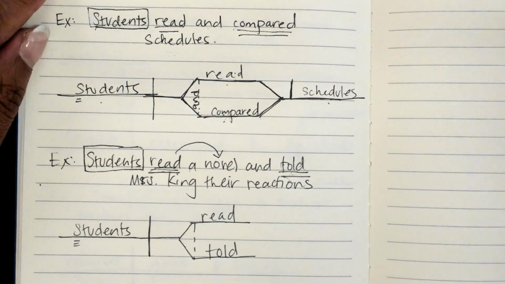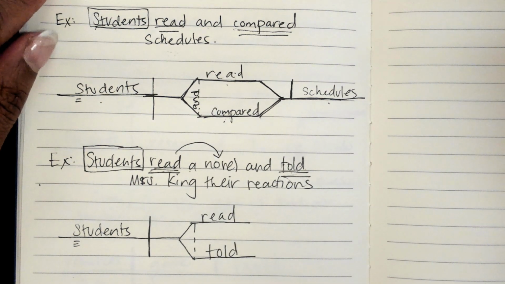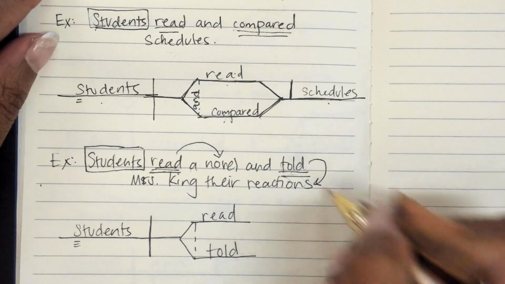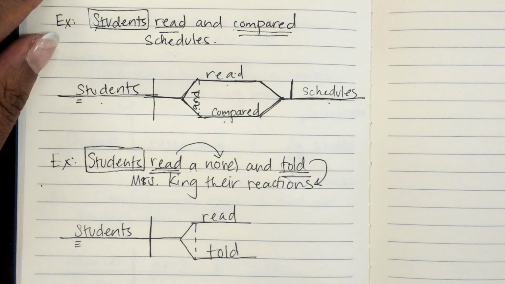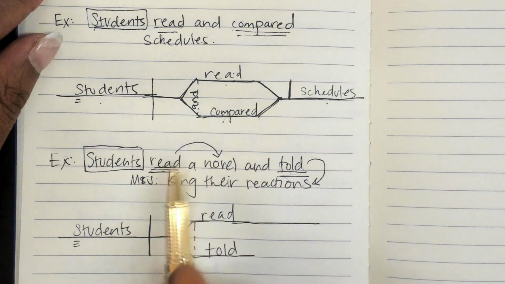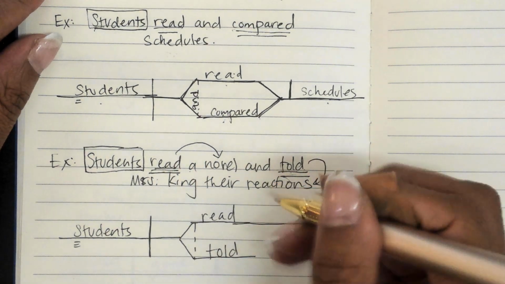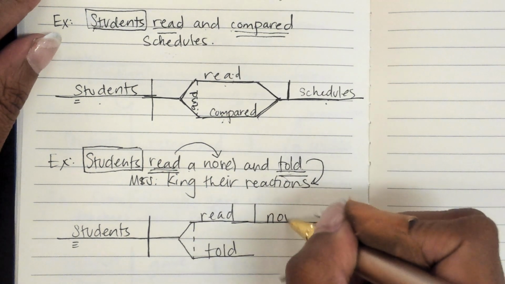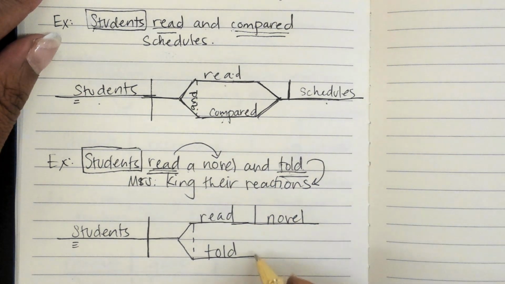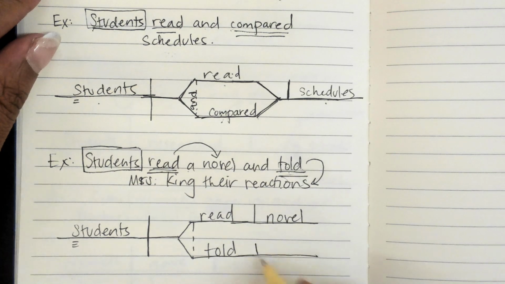Good. And what is being told? What's being told is the reactions. Okay, let's go ahead and add this to our diagram. They read a novel. That's our first direct object. And they told reactions. That's our second direct object.